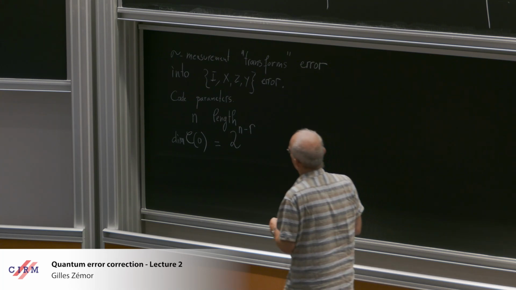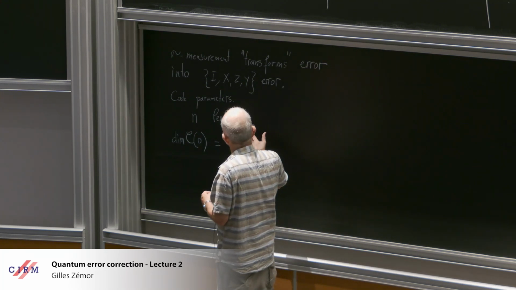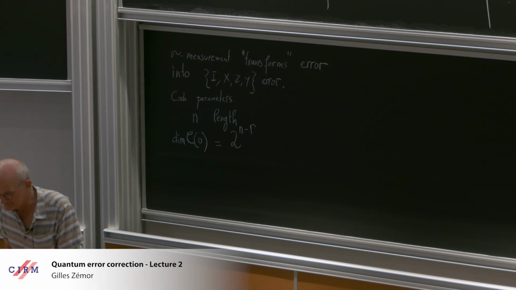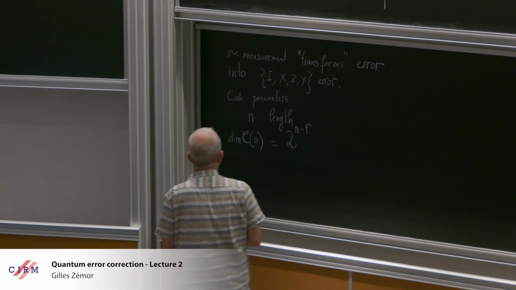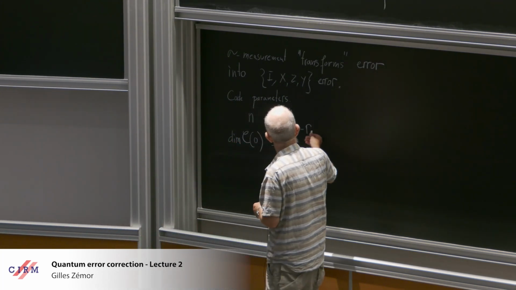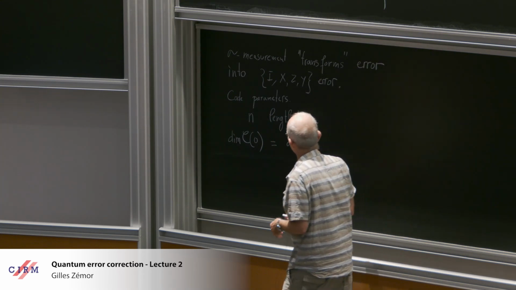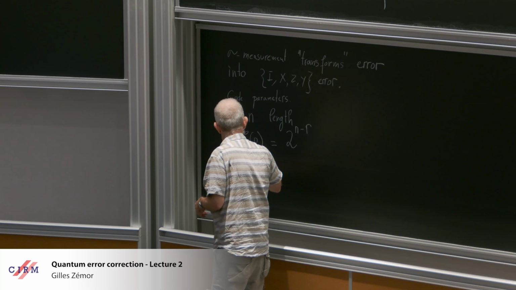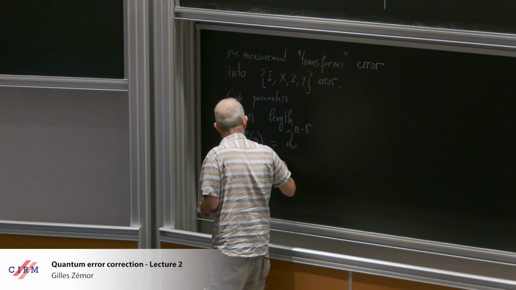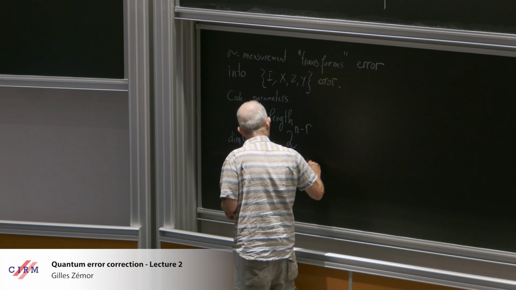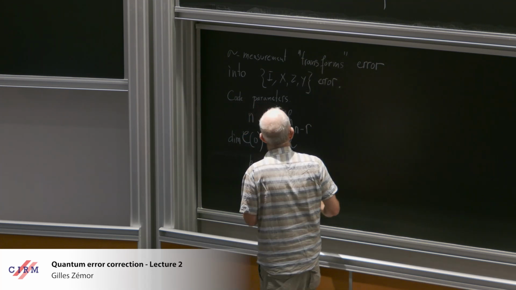And this means that you want to think of the number of qubits that you're encoding as living in a space of dimension n minus r. So the number of logical qubits is n minus r, and we call this k equals n minus r, the dimension of the quantum code.